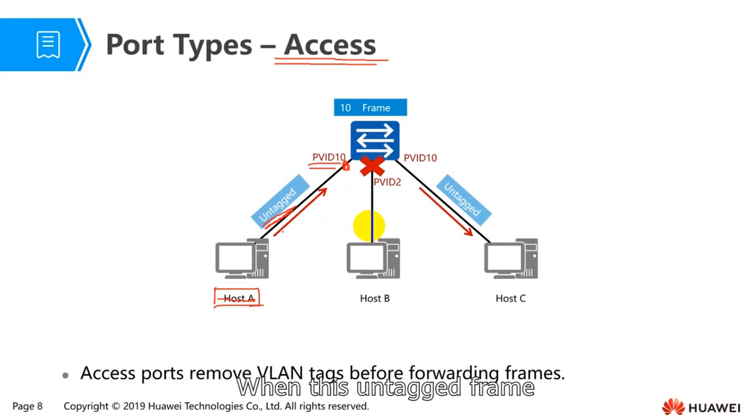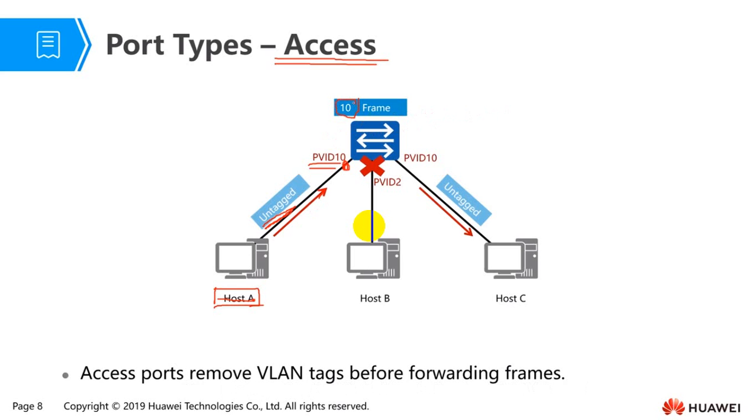And then when this untagged frame is received by the switch, the switch will tag this frame with VLAN 10. And then it looks up the MAC address table. The MAC address table now has a VLAN attribute.